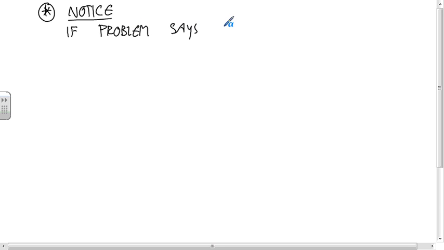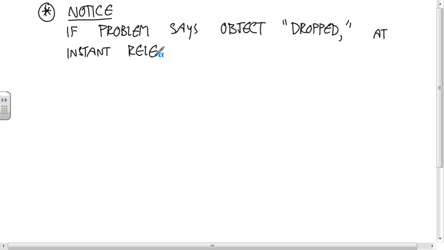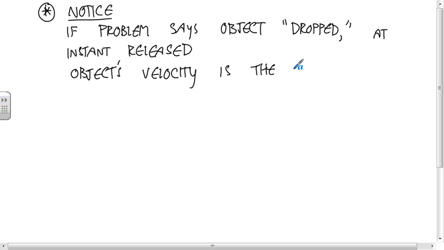If a problem says that an object is dropped, then at the instant it's released, the object's velocity is the velocity of what it's dropped from.